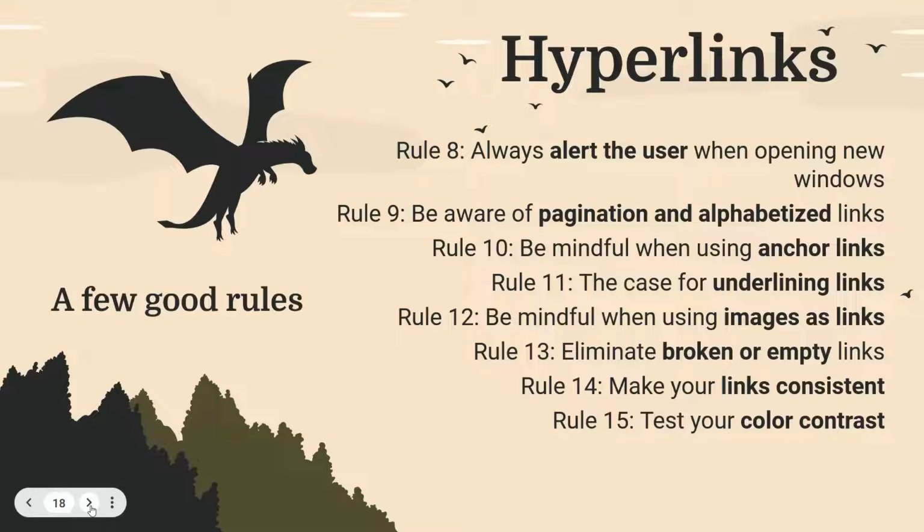Again, some more rules. Make sure you let the user know when it's going to open a new window. Be aware of pagination and alphabetized links. Be mindful when using anchor links. So if you have a presentation with a table of contents and you have anchor links in there, make sure it doesn't say slide 7. Make sure slide 7 has a title and you put that title in the table of contents.